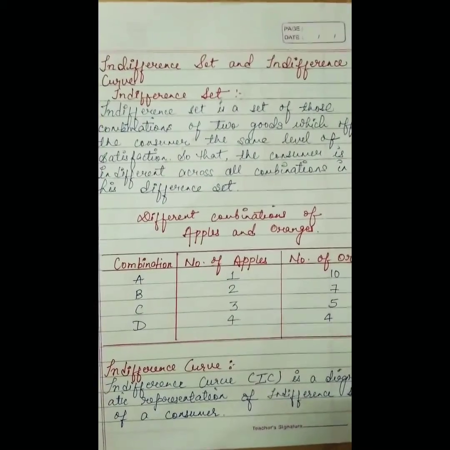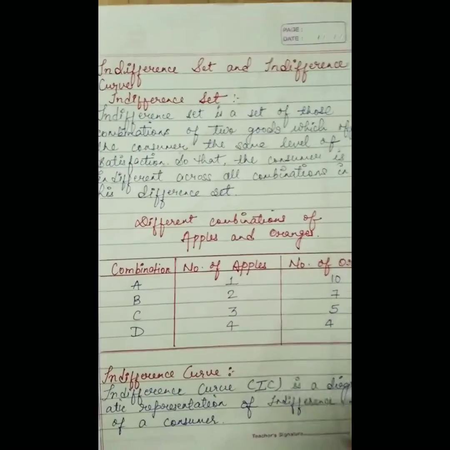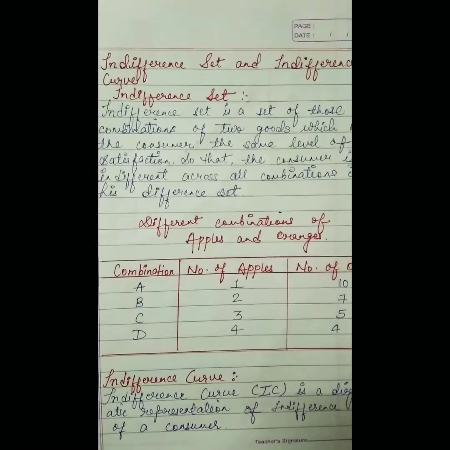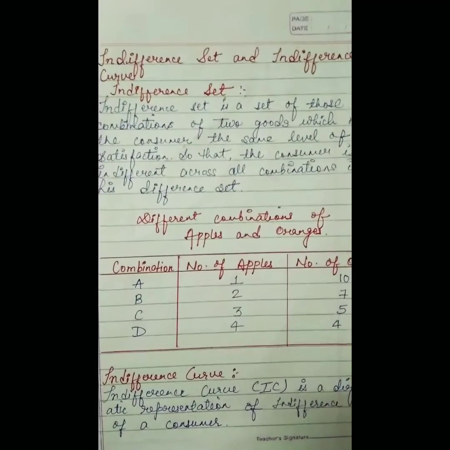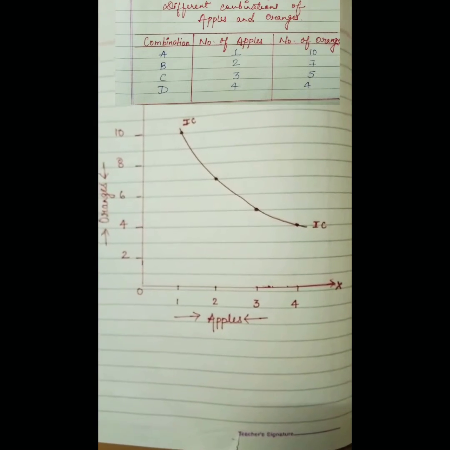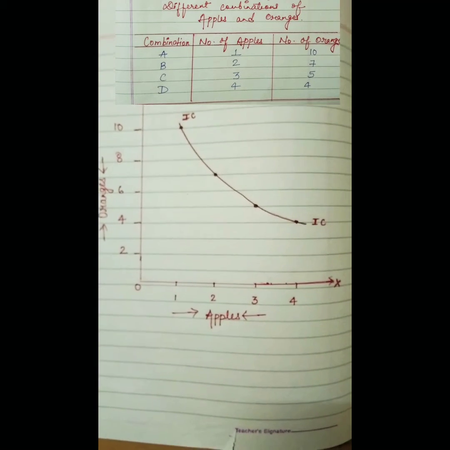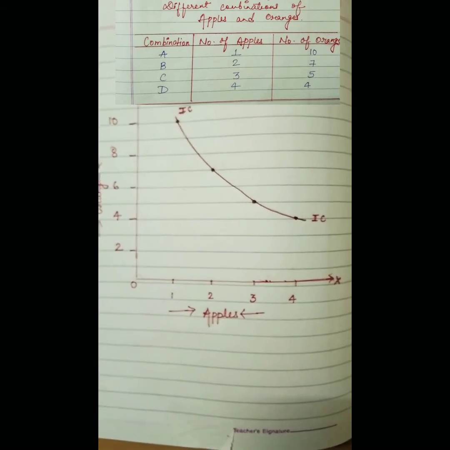Students, now we will see the indifference curve. We have studied the indifference set and the schedule. Now we will see the diagrammatic representation of the same. Just have a quick view of this diagrammatic representation of the indifference set, or indifference schedule.